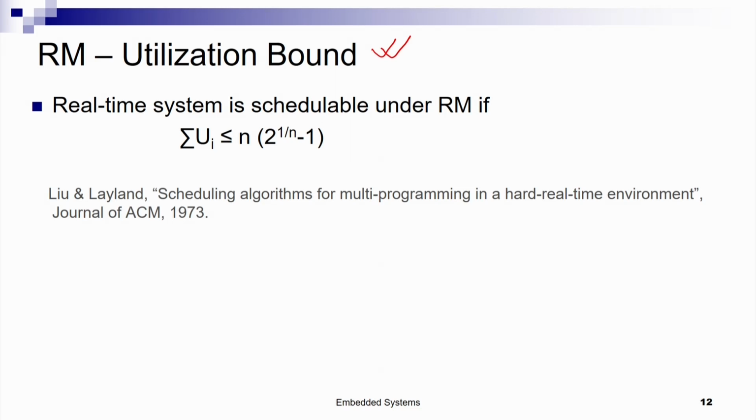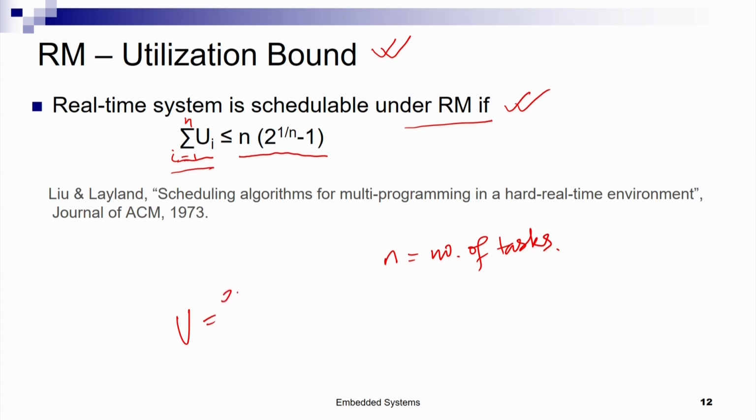It says that a real time system is schedulable under RM on a uniprocessor, obviously, a uniprocessor real time system is schedulable under the rate monotonic algorithm if the sum of utilizations of its tasks is less than or equal to n into 2 to the power 1 by n minus 1, where n is the number of tasks in the system, and u, as I told you, ui is Ei by Pi.